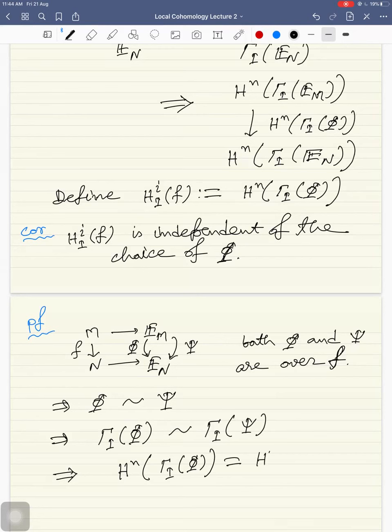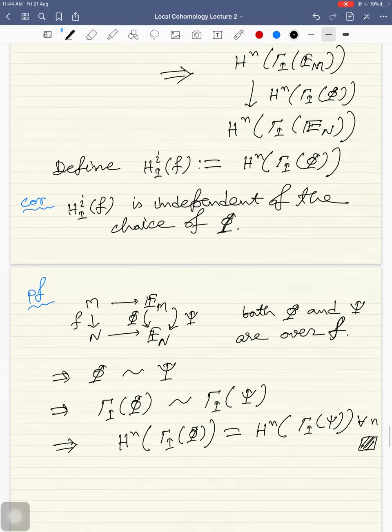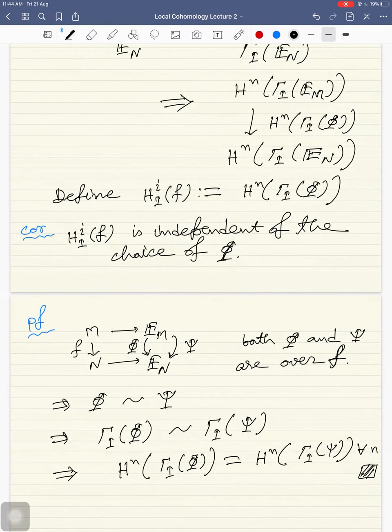This is true for all n, and that will complete the proof of this statement, that this map is independent of the choice of these quotient maps over F.